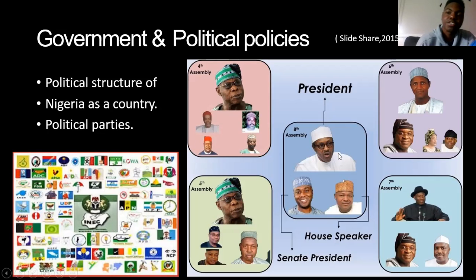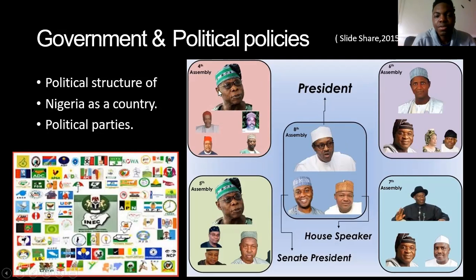And now we have the political structure. Normally the president is the main one here. The president right now is Muhammadu Buhari. These ones are from 2015, like Yar'Adua, I think that one's from 2015.